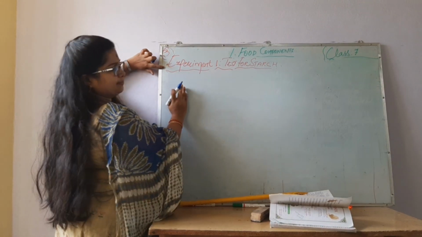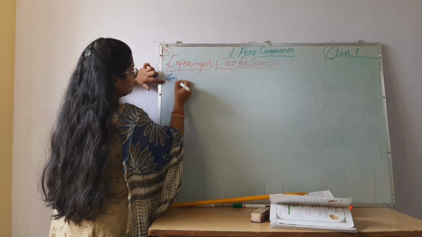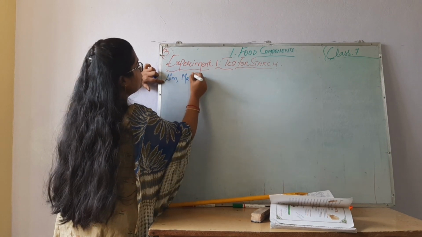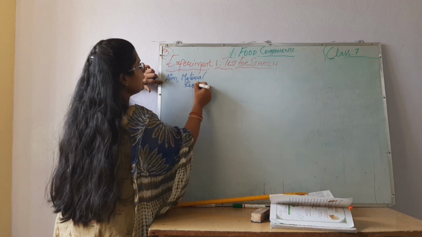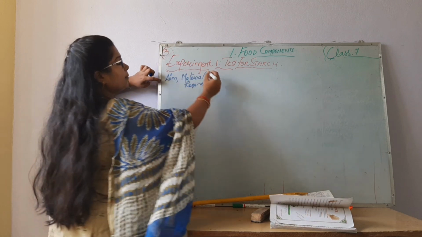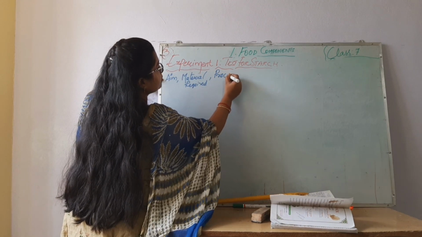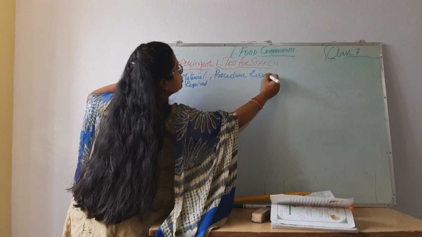For writing any experiment, remember, you need to write aim, materials required, procedure, and result or observation.